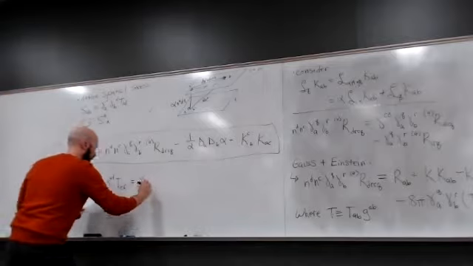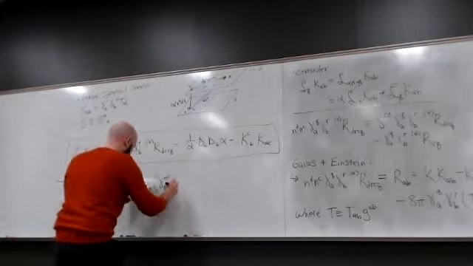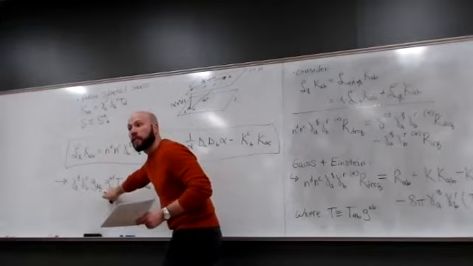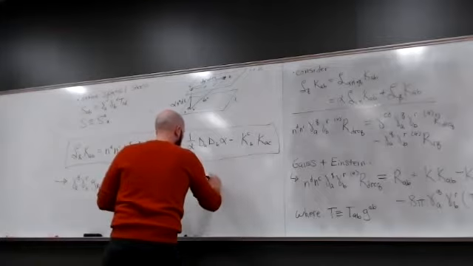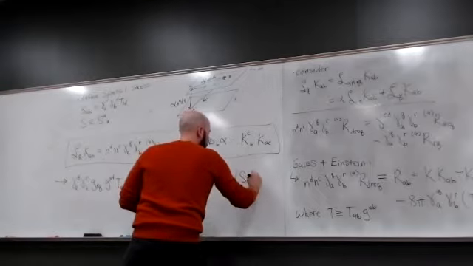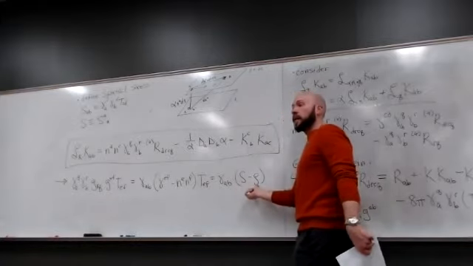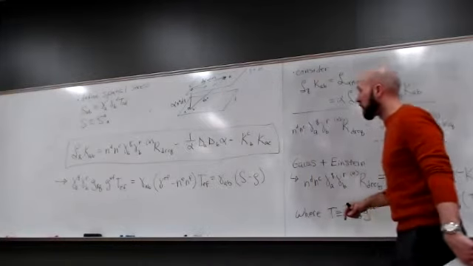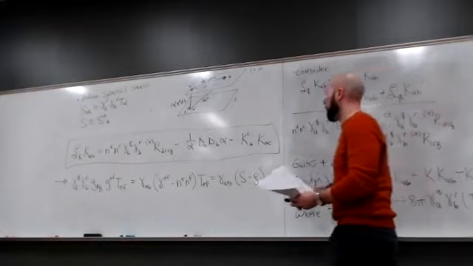We can re-express that as gamma AB, the spatial metric, all times gamma EF, inverse spatial metric, minus NENF. That's from the definition of the 4D metric. TEF. And then finally, that's going to be equal to gamma AB all times S minus rho. So this scalar stress and then the energy density, right? That's coming just from the definition of those two quantities. So I can simplify this term quite a bit by doing that.